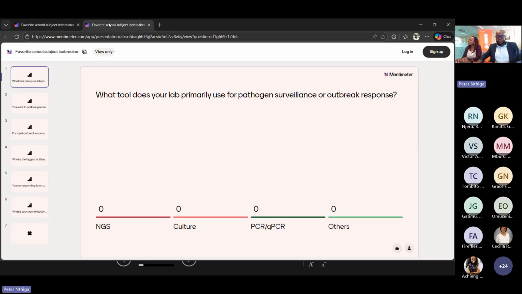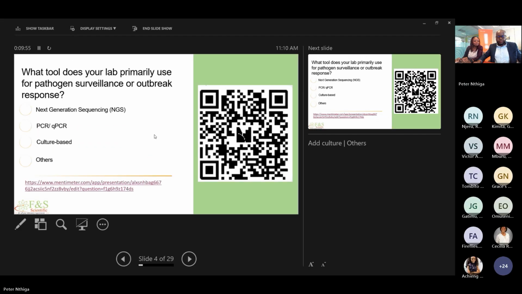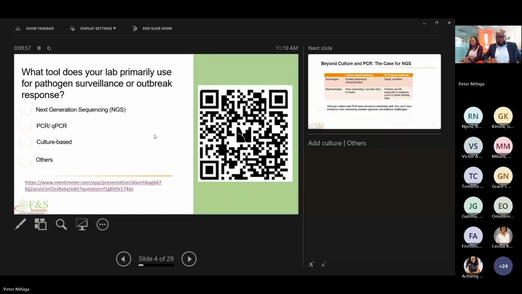What question are you getting? Which one is your favorite equipment? Oh, I see. All right, we'll display again the QR code. Go to the PowerPoint.